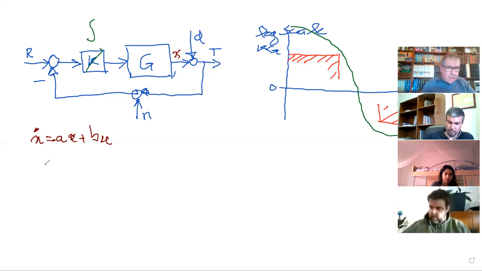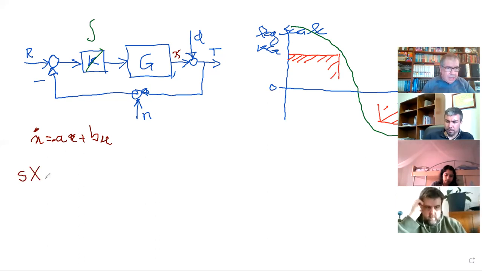Now, my trick is when I have x dot, I'm going to do a change and I associate to x a big X. And when I have a derivative, I multiply by a variable s. This is a complex number. Okay?